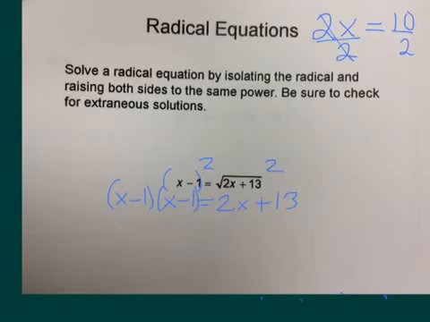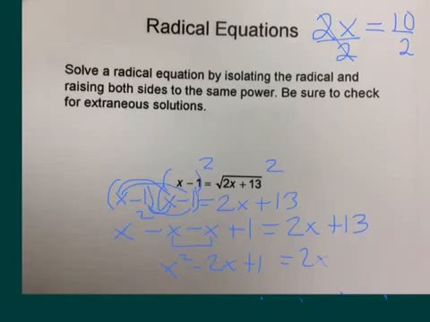This is a FOIL problem. x times x is x squared. x times negative 1 is negative x. Negative 1 times x is negative x. And negative 1 times negative 1 would be a positive 1. So now I just need to do some combining of like terms. So I will have x squared minus 2x plus 1 equals 2x plus 13.